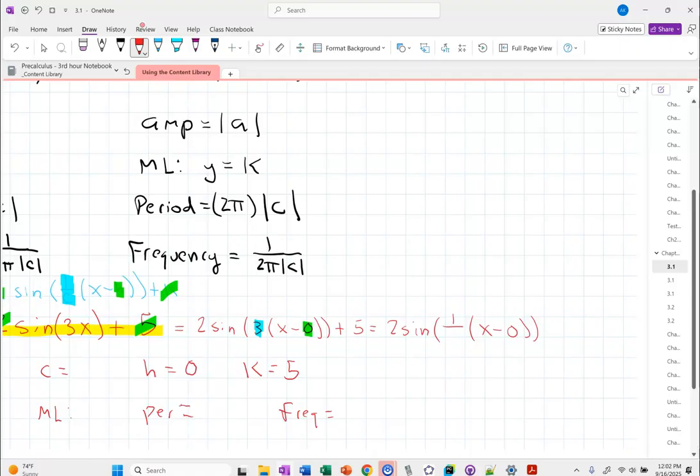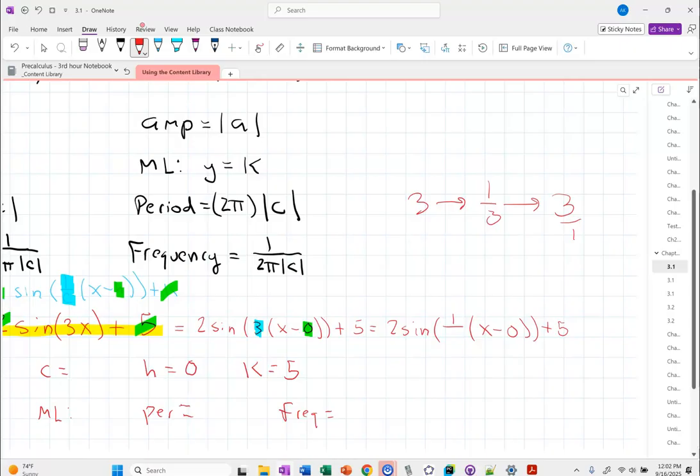But I do want to rewrite 3 as something over 1. So what happens when I do the reciprocal of a reciprocal? What has happened? Did the number change?